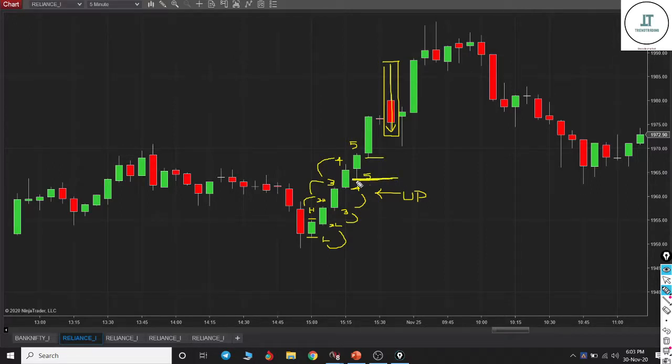If this level gets taken out on an intraday basis, we can tell that strong sellers are coming into the market from the higher levels to move the stock price further down. But look at this, price came down, but our rule of the two prior low, the previous of the previous low, has not been taken out, and the stock shot up again.